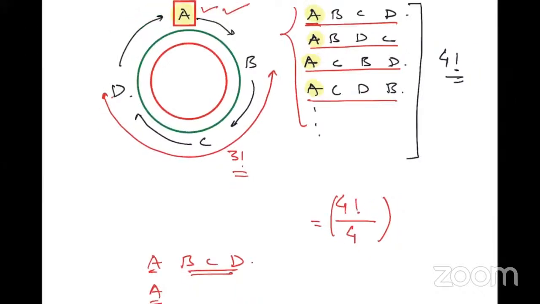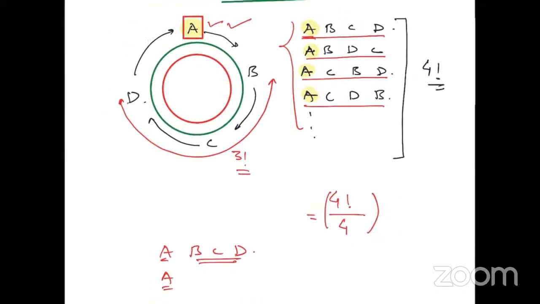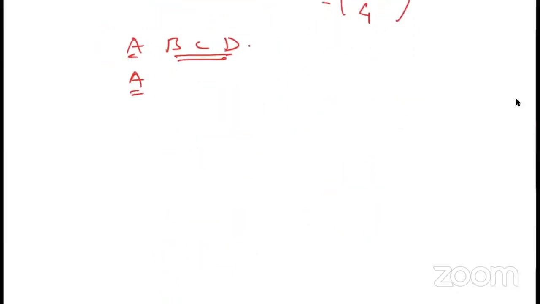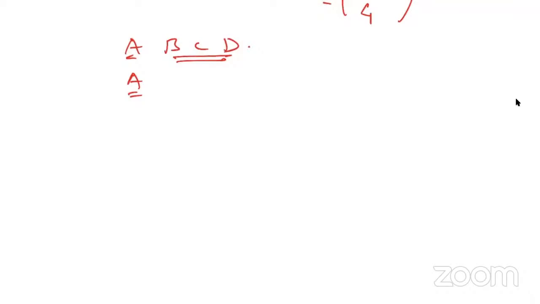So if we have to arrange in a circular way, then for n persons, the total arrangement is n minus 1 factorial. We have to fix the position of a person, then only we can go for the other persons. That's called the circular arrangement.